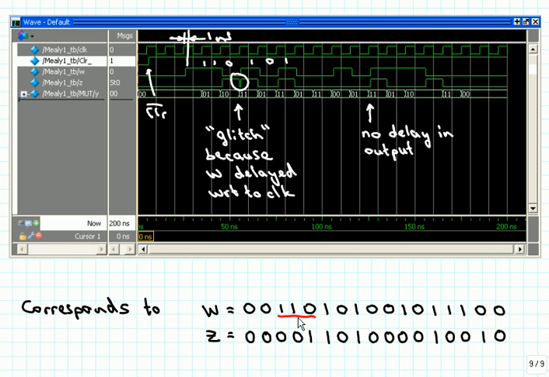Then we have the pattern 1, 0, 1, the overlapping pattern, so that leads to this output. Then we have the 1, 0, 1 here, that leads to this output. We have another 1, 0, 1 here, that leads to this output. And then we have a 1, 1, 0 that leads to this output here. So we detect things properly, and we detect them 1 clock cycle sooner than we would have done with the Moore machine.